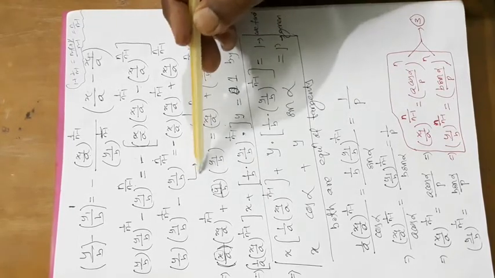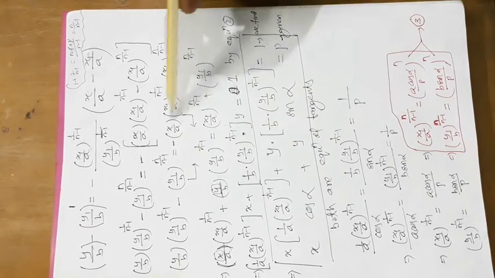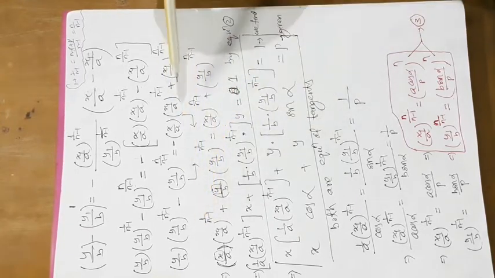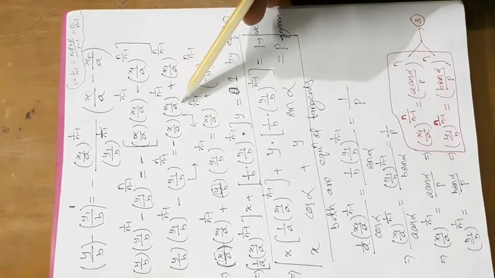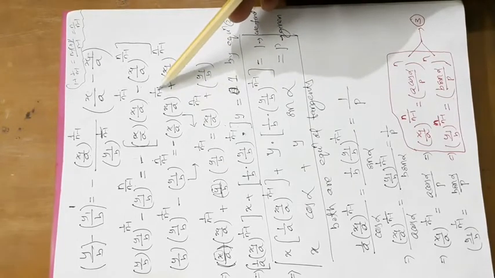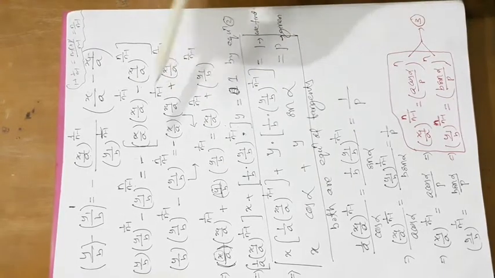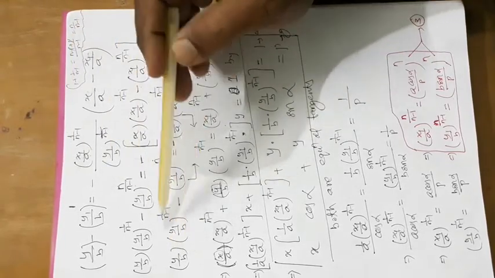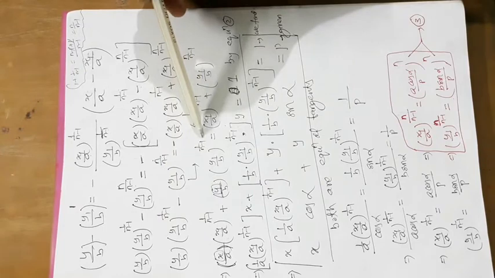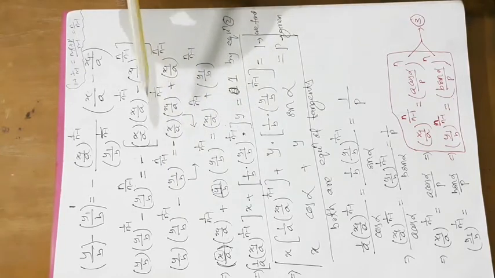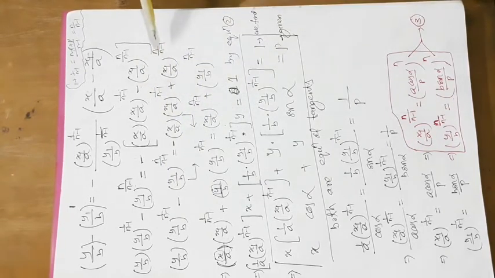Now take this part to the right side, this part to the left side. It becomes what? x by a into (x1 by a) to the power 1 by n minus 1 plus y by b whole into (y1 by b) to the power 1 by n minus 1 is equal to what? (x1 by a) whole to the power n by n minus 1 plus (y1 by b) to the power n by n minus 1.